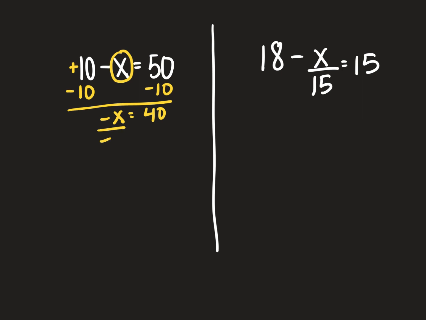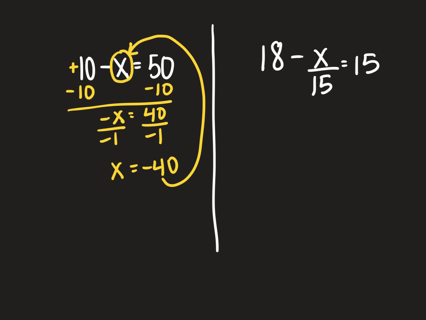So we can divide by negative 1 and get that x is equal to negative 40. If I substitute that back in, does 10 minus negative 40 give me 50? Yes, it does. I just see a lot of students on this type of problem want to do it mentally, and then they miss it because they forgot a negative sign or they don't show their work. So take a few extra seconds to show your work and make sure that you get it correct.